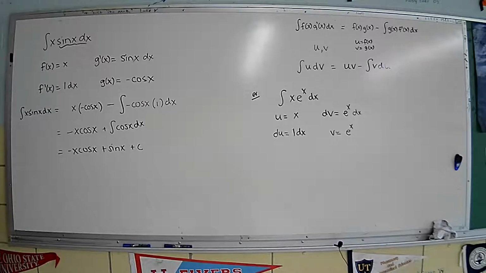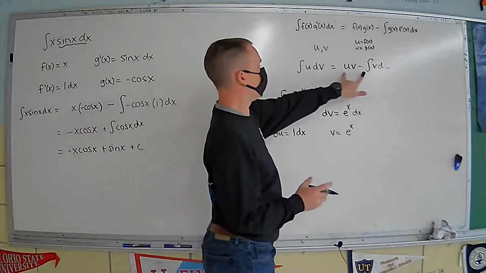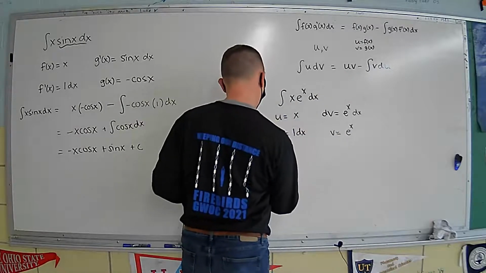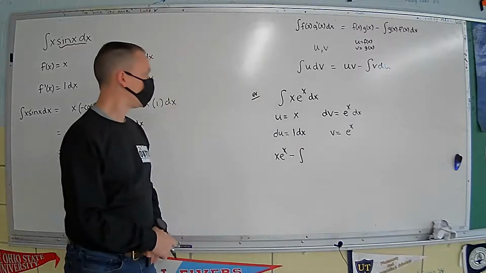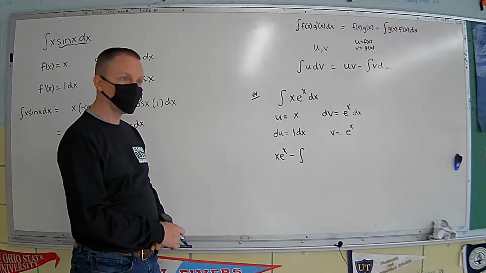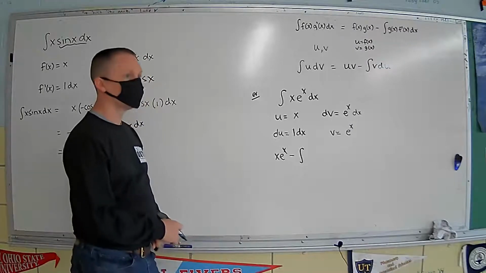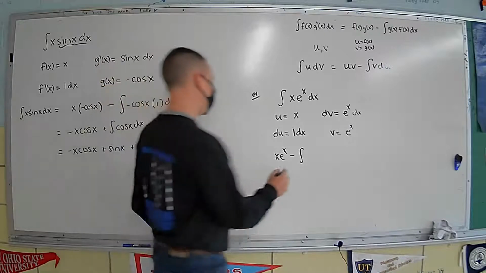All right, so you ready to do the formula? What's our formula? We're going to use it this way. It'll be u times v minus the integral of what? v du.